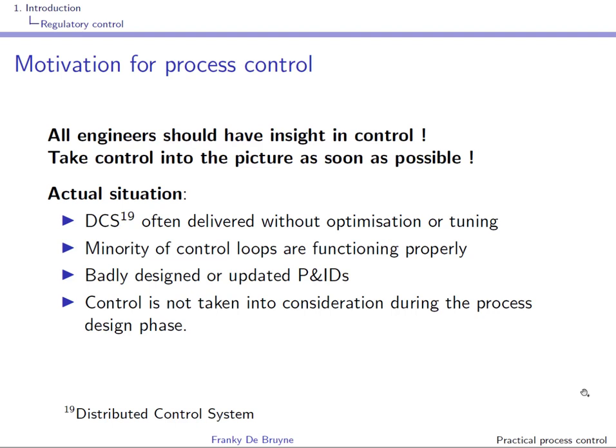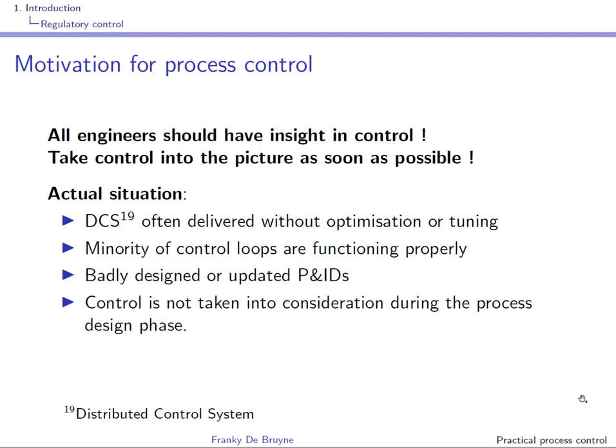Well, here is some motivation for process control and motivation for this course. I really believe that all engineers should have insights in control, and not only control engineers, and this will allow to take control into the picture as soon as possible. This is a survey of the actual situation, and you will see that there is really room for improvement.